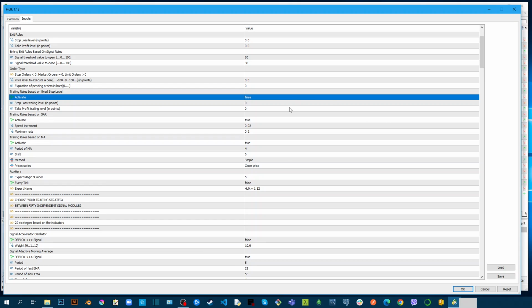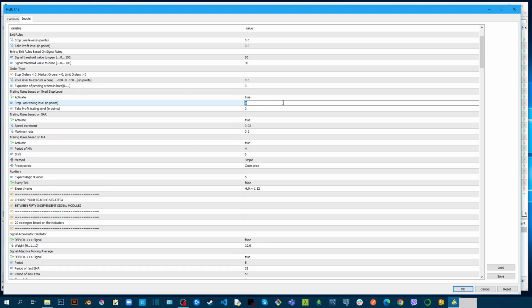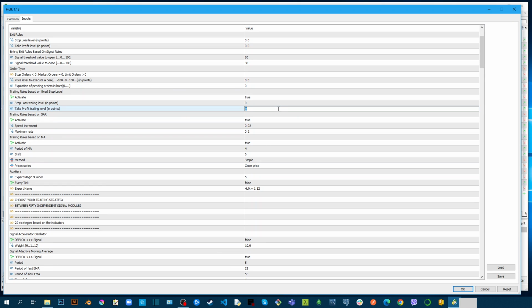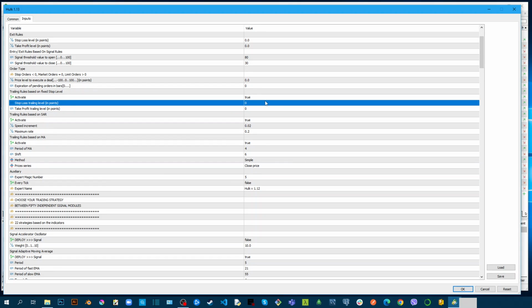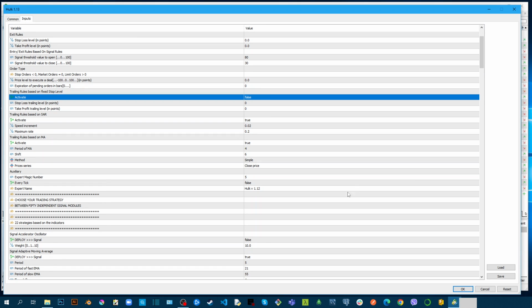It's calculated in pips, and if you want this robot to trail stop loss level in points, you can activate it, and it can also trail take profit level in points. So you must know there are two options: trail stop loss level and trail take profit level. Right now I'm not using this input in these settings.